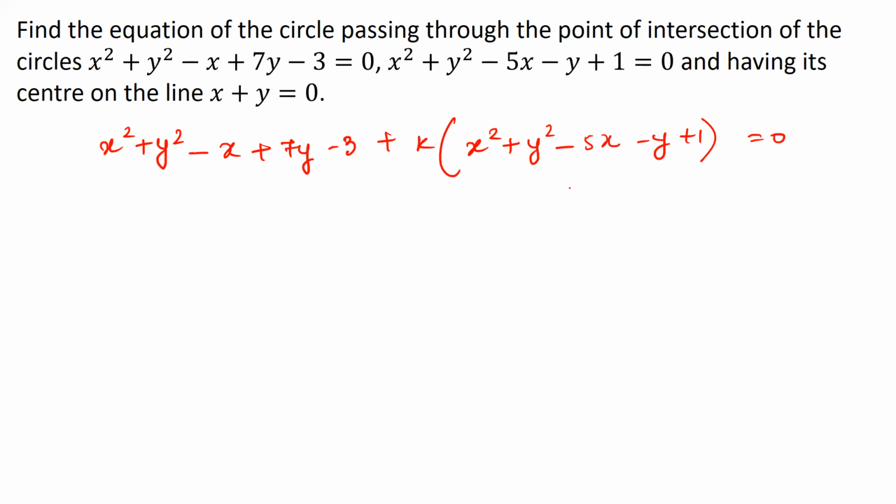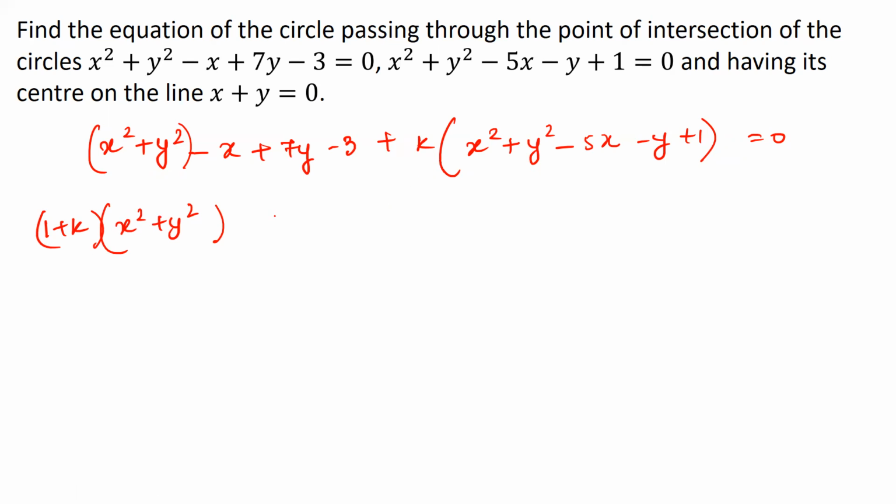So let's quickly find out the center of this circle. For that, let me take all the x square and y square together. If you see, this is x square plus y square, and this is also x square plus y square. If I take x square plus y square common, I get 1 plus k. 1 is left over here and k is left from here.